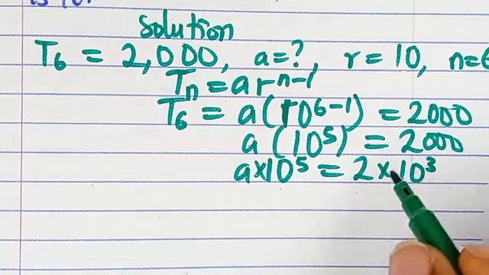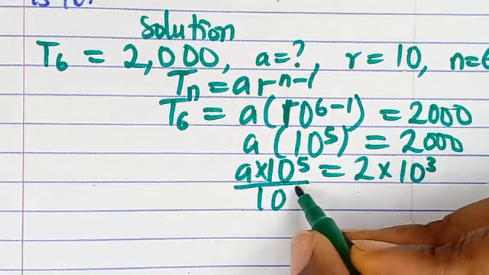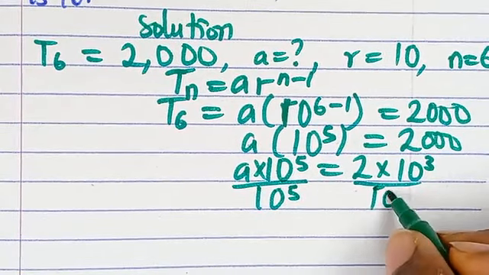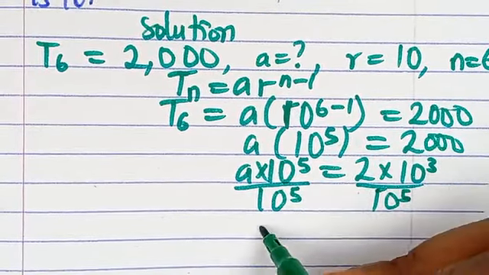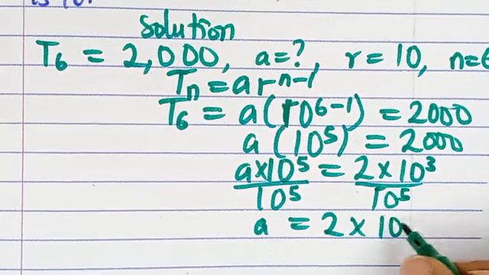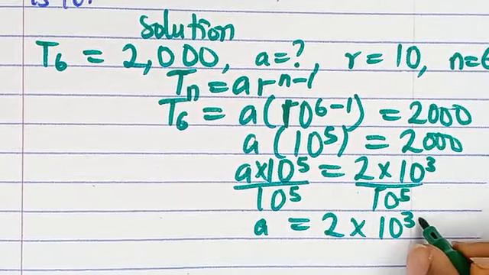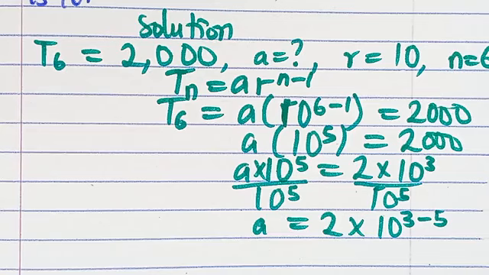So what do we do now? We want to isolate the unknown term, right? So we divide both sides by 10 raised to power 5. And we know that when we have indices, 2 times 10 raised to power 3, right, divided by 10 raised to power 5, when we do divisions, it's going to be minus 5, right?